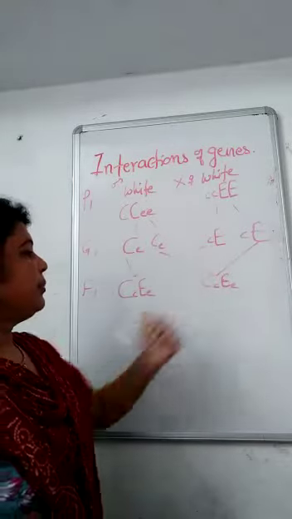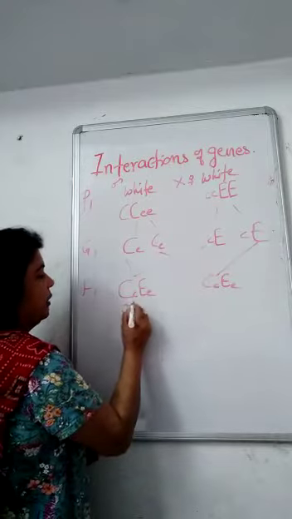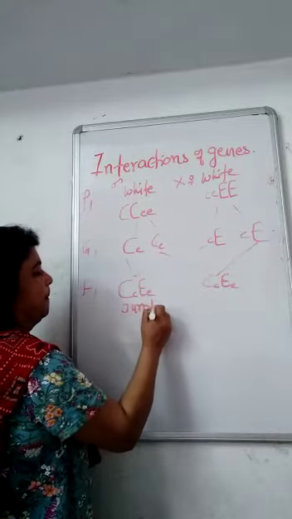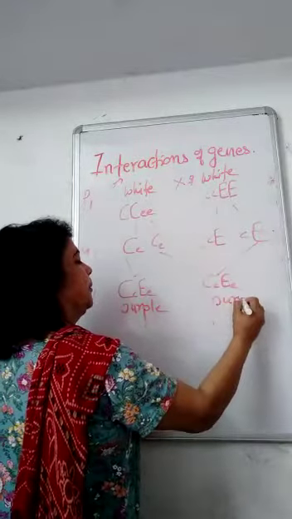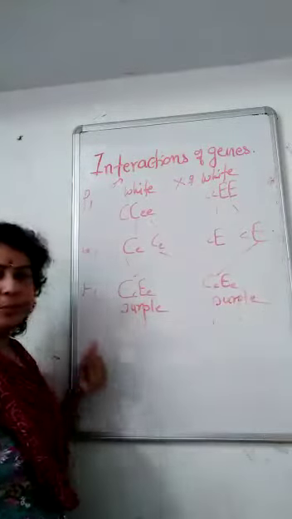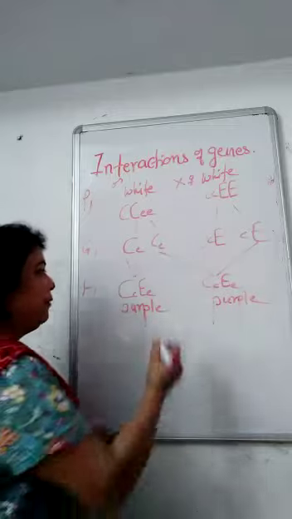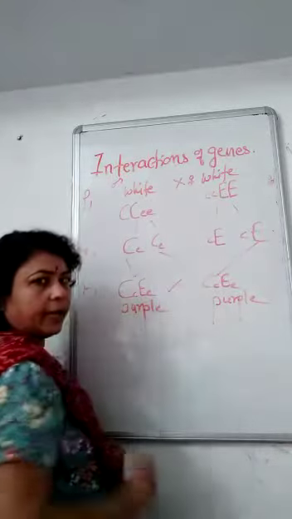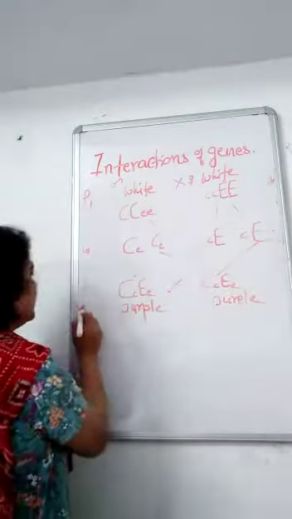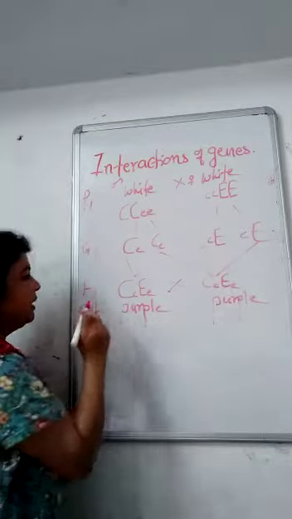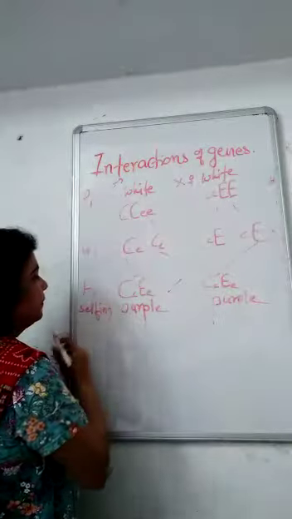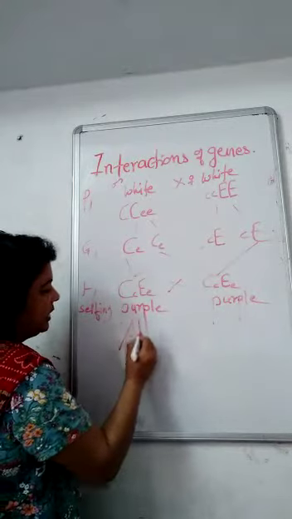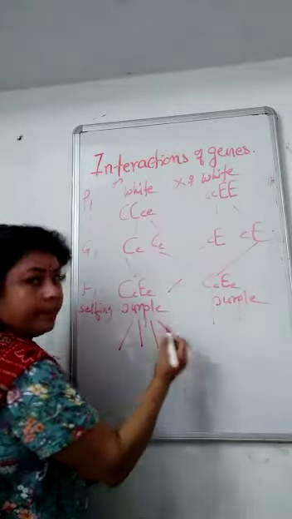So all the F1 progenies have the purple color. When there is selfing, selfing means they are allowed to self-pollinate. So on selfing, they produce 4 different types of gametes.